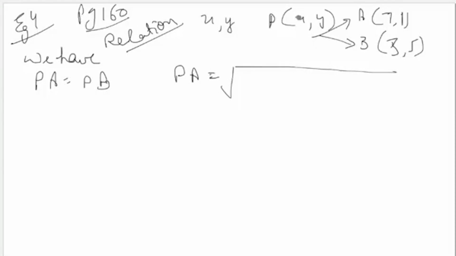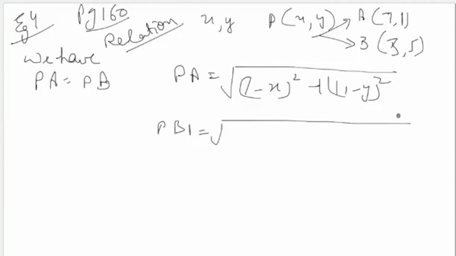PA is equal to under the root of (7 minus x) whole square plus (11 minus y) whole square. Next is PB. PB is equal to under the root of (3 minus x) whole square plus (5 minus y) whole square.